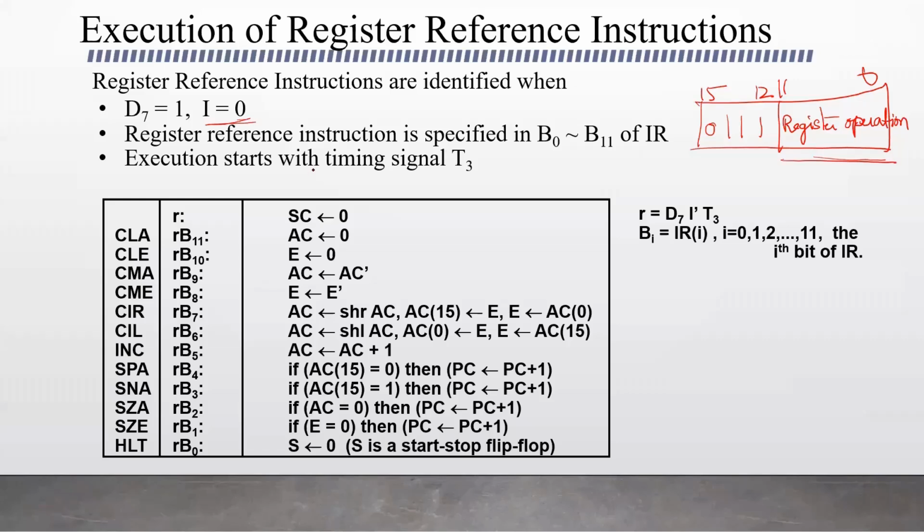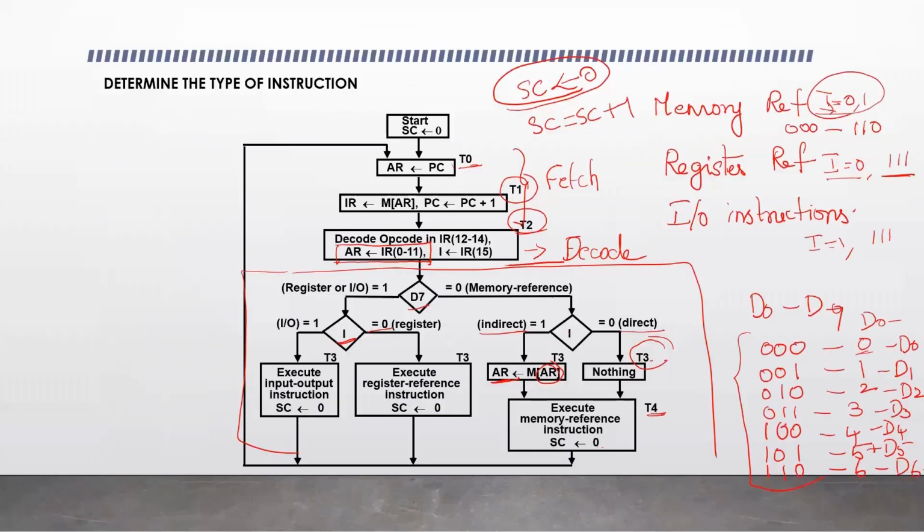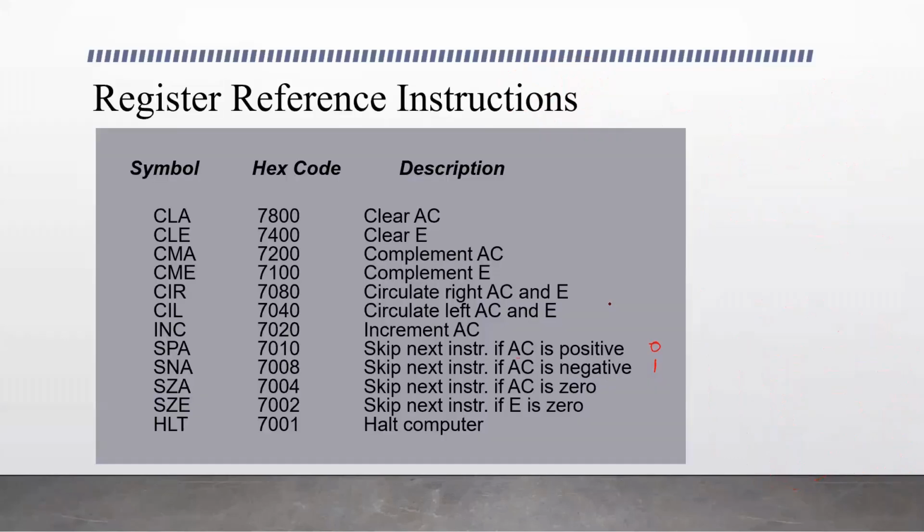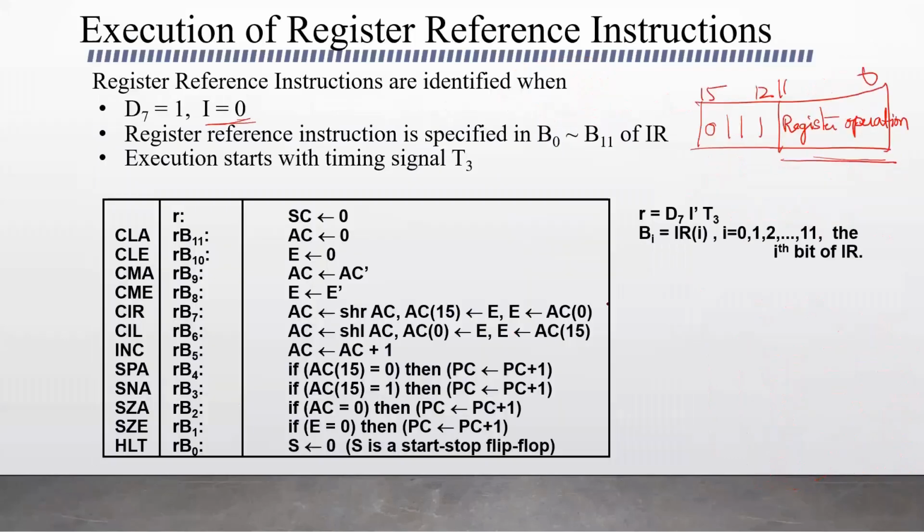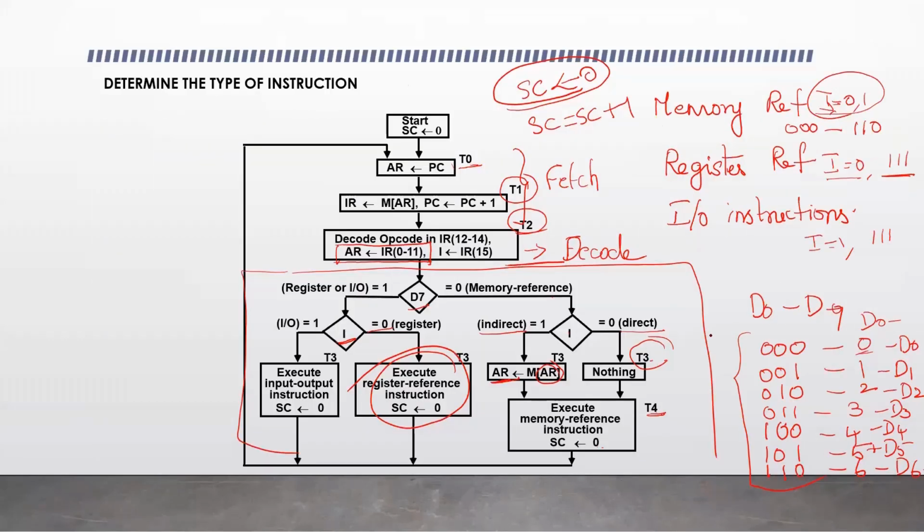And the execution starts with timing signal T3, correct? We have seen it here. After the fetch and decode, the execution starts, and this is our register reference instruction execution. It is done at T3. And before this, these are the 4 paths, right?